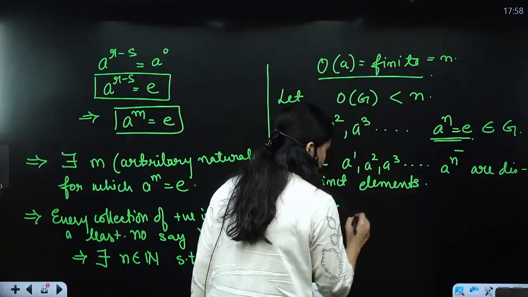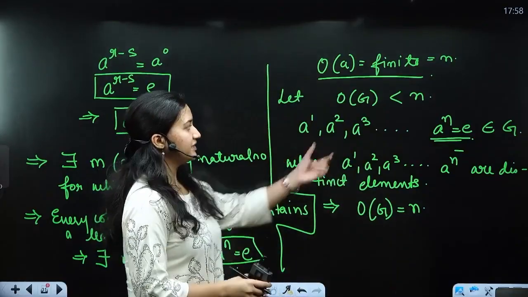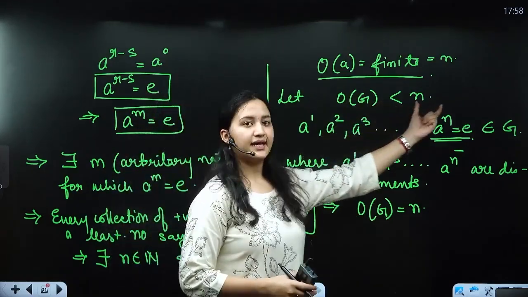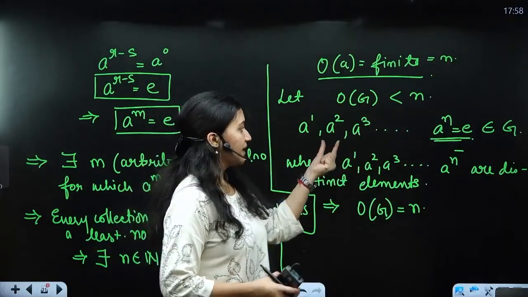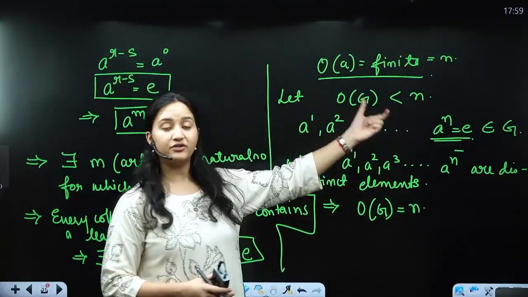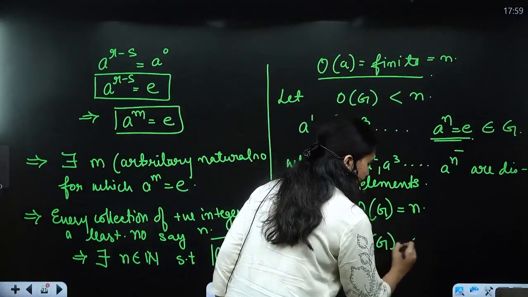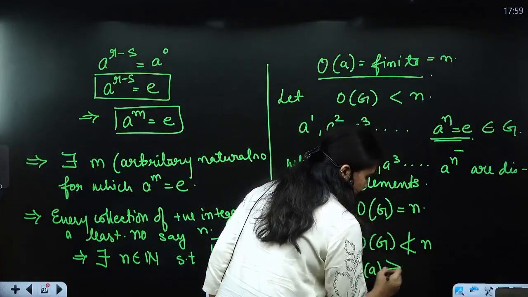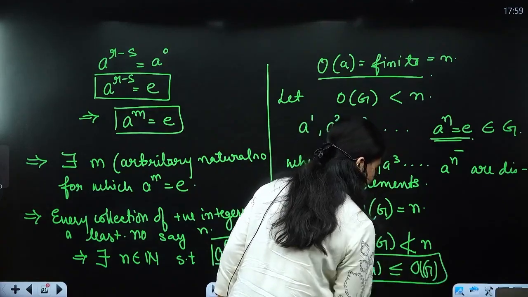So this implies that order of G has to be n. But what have we assumed? We have assumed that order of G is less than order of A, that is your n. So this fails our contradiction as to what we had assumed here. Okay, since आपका order of G is equal to n, it can never be less than n, right? So this implies that order of G is never less than n. This implies that order of A is always less than or equal to order of G, right?